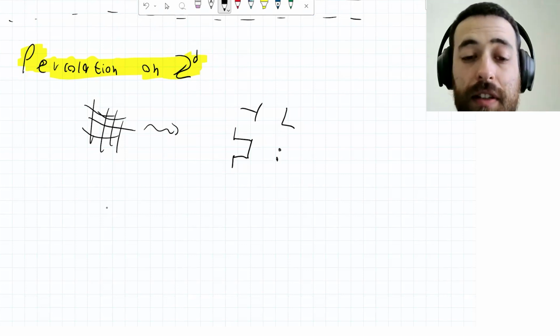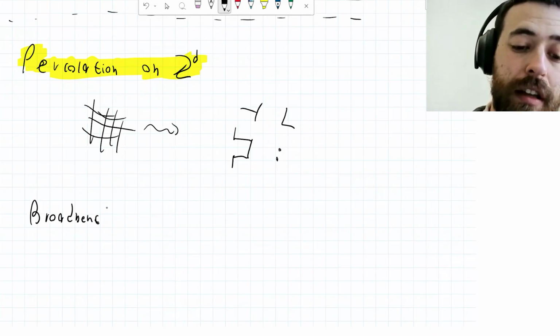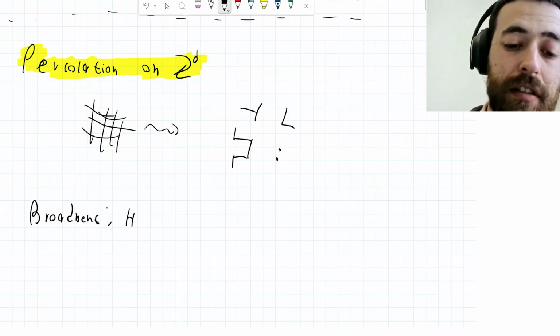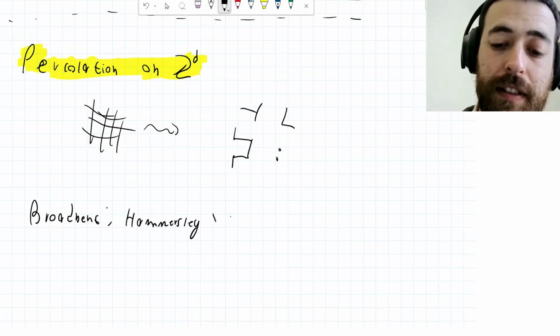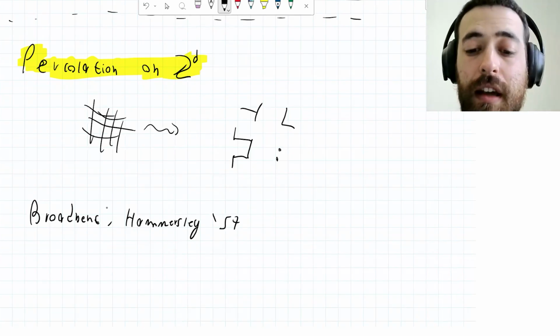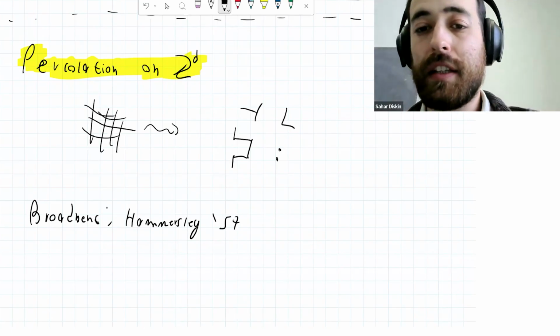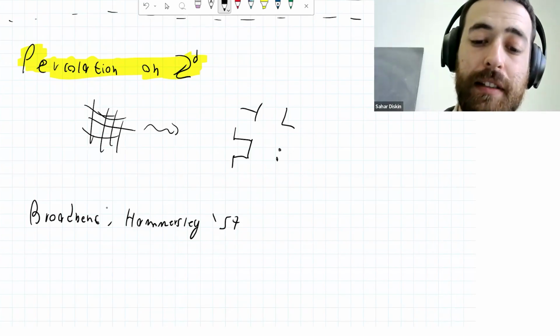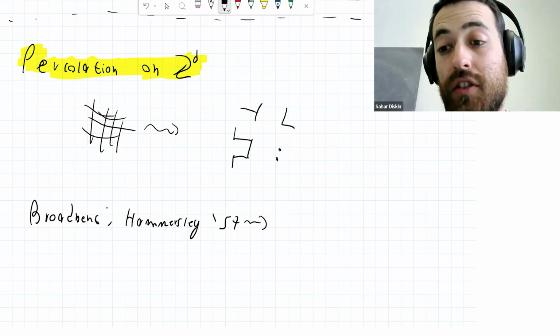Okay, and particularly on the lattice, this was introduced by Broadbent and Hammersley in 57. It's tightly related to statistical mechanics and physics.